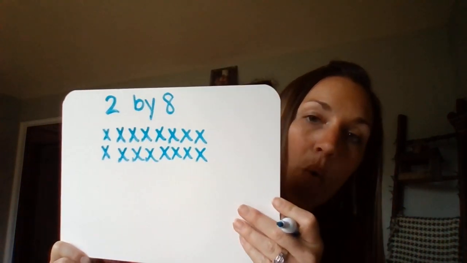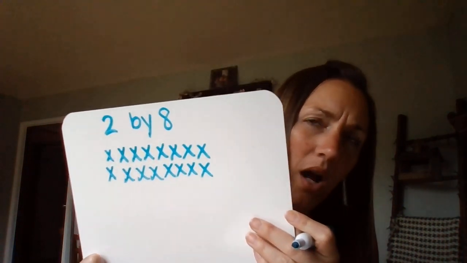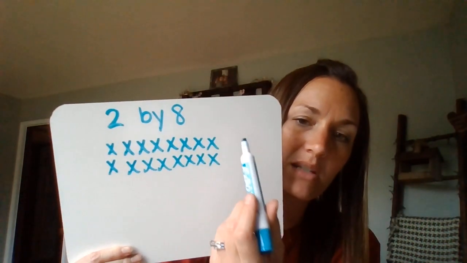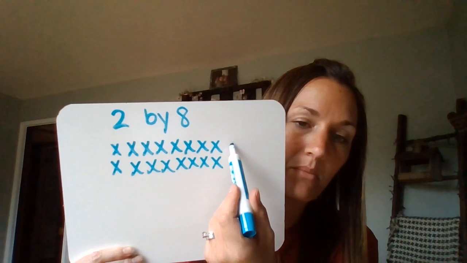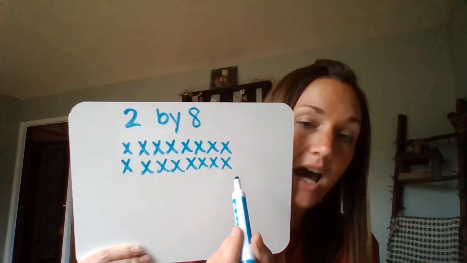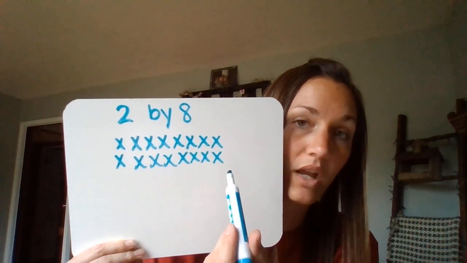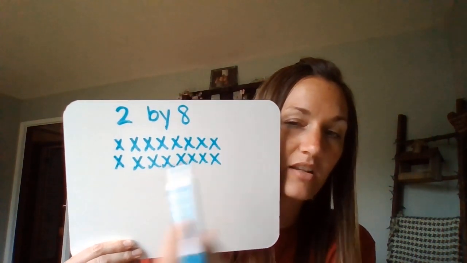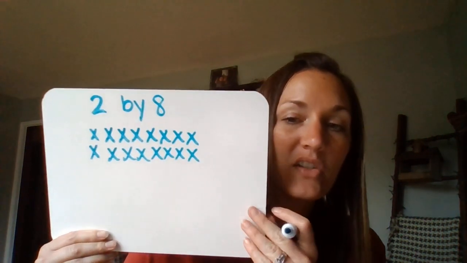What would be my addition problem? I have to think about that. My addition problem is going to be this top number plus this bottom number to be the equal equation. We had 8 in this row, 8 in this row. So 8 plus 8 is 16.